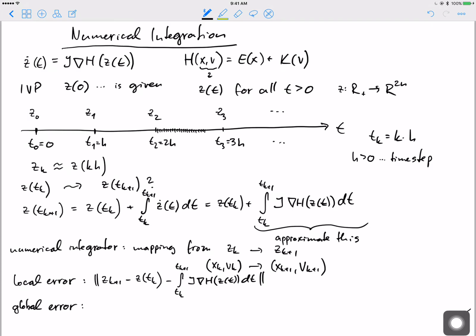Okay, the global error does, and the global error is really simple to write and really hard to compute. The global error is simply what the discrete integrator gives you, the z_k, minus the exact solution z of t_k, in whatever metric, let's say Euclidean metric, okay? So that assumes that you know what the exact solution is, right?